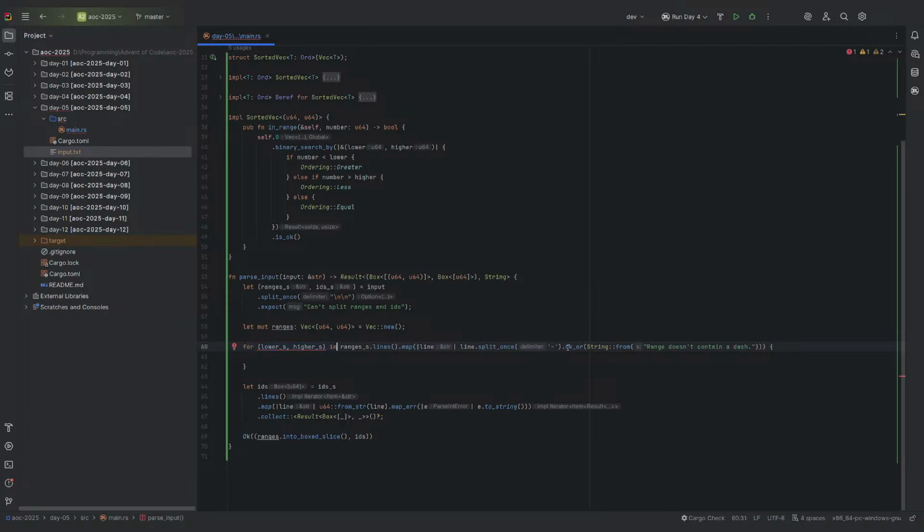Okay, because that is that. Whatever. We can drop the map. Drop that in parentheses, and there we go.